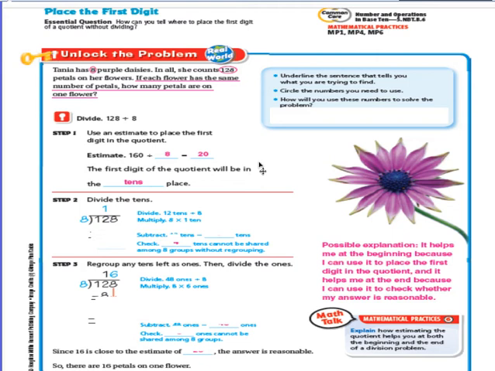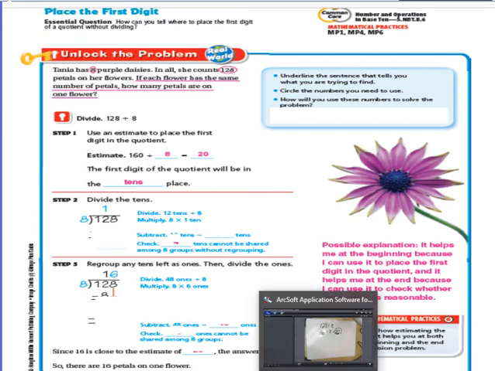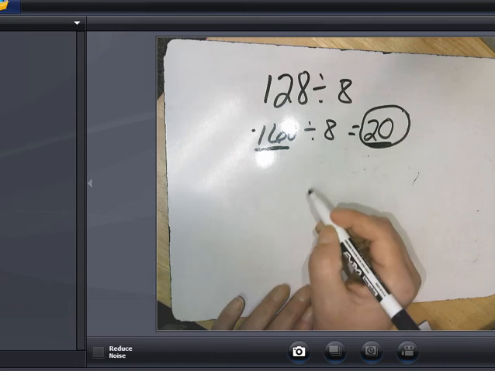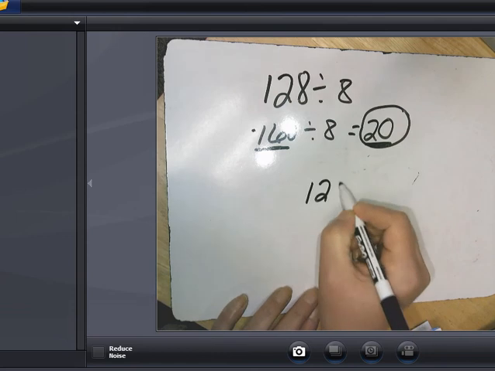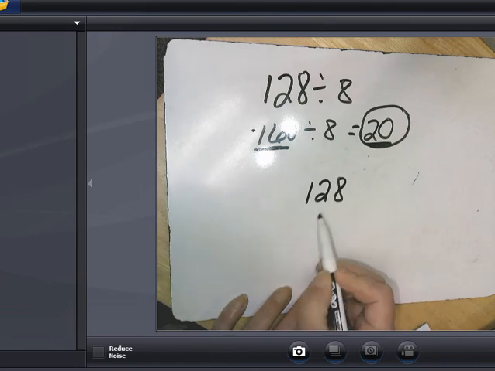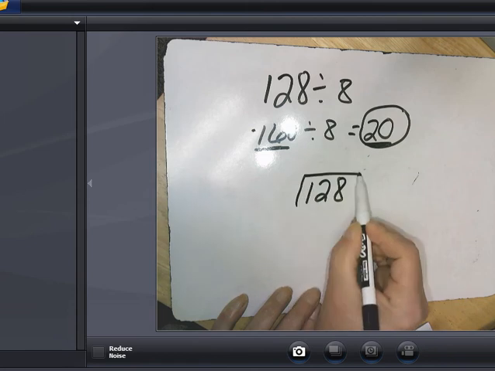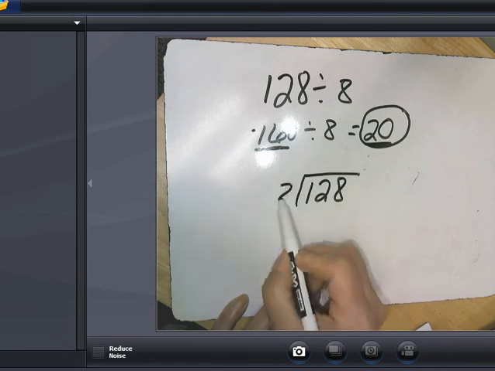So I think we will start in the tens place, because if we go to our very first answer and our first division, and I set it up, when we set up a division problem, we have the dividend and we put it inside the house. We put the divisor on the outside.